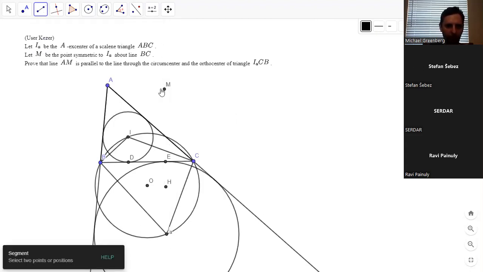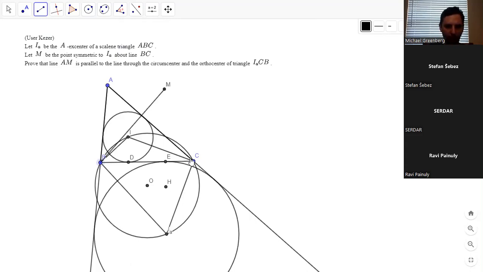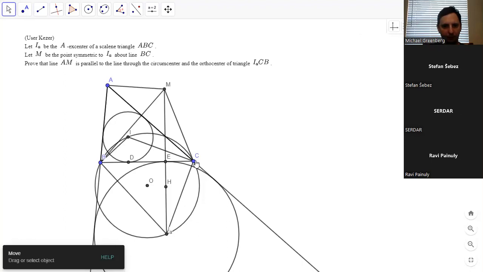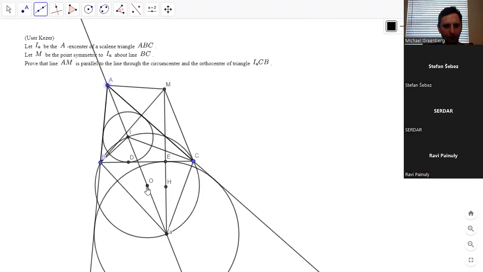So those 4 points are all collinear. We want to show AM is parallel to OH. So those are collinear.